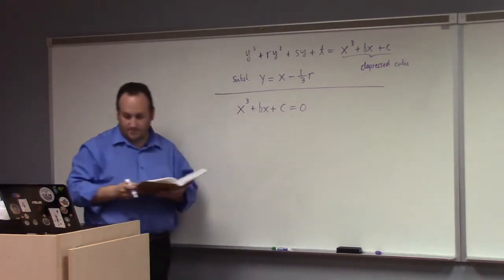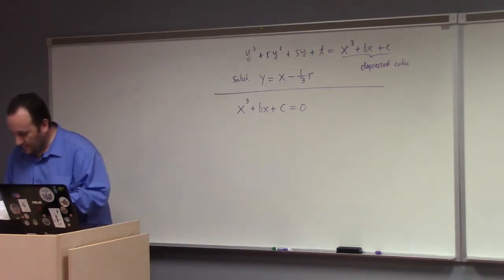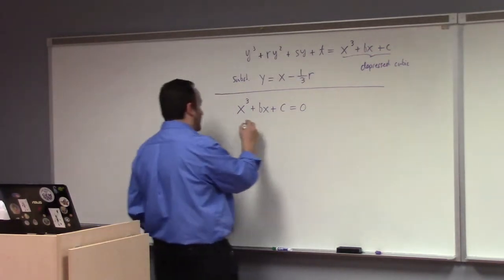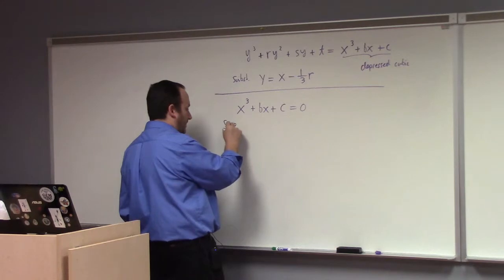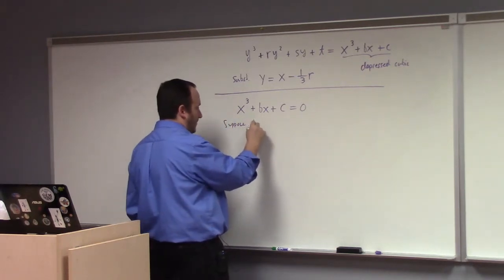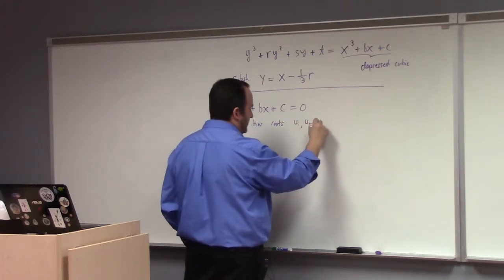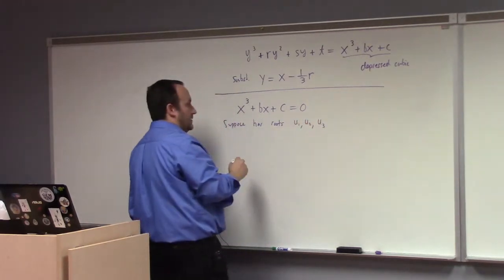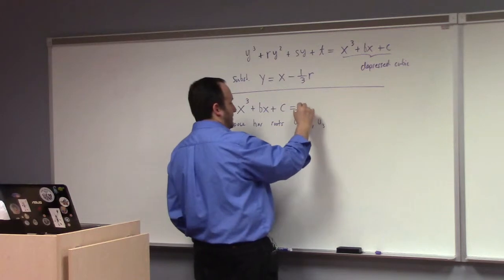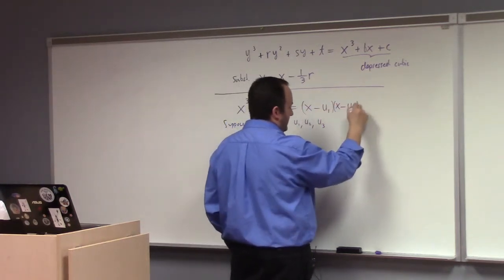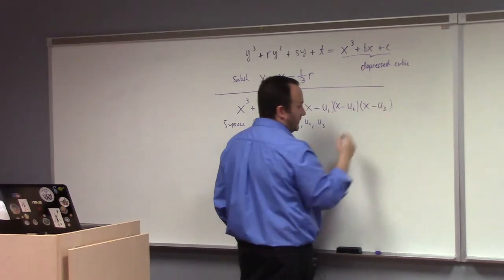And so what he does is he says, okay, suppose it has roots u1, u2, u3. So in other words, this can be factored into x minus u1, x minus u2, x minus u3, right?